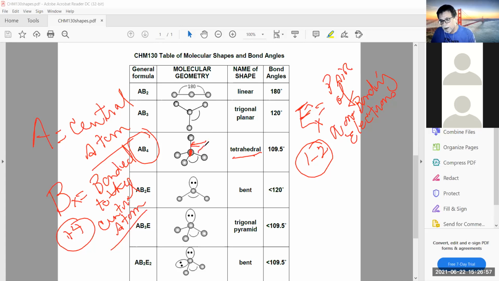So we've got 4 bonds here, which have electrons and they have negative charge, and so they want to repel each other such that they are as far away from each other as possible. When they do that, that's the structure you end up with, tetrahedral. And there's a bond angle associated with that, 109.5, the angle between the central atom and any 2 moieties bonded to the central atom.